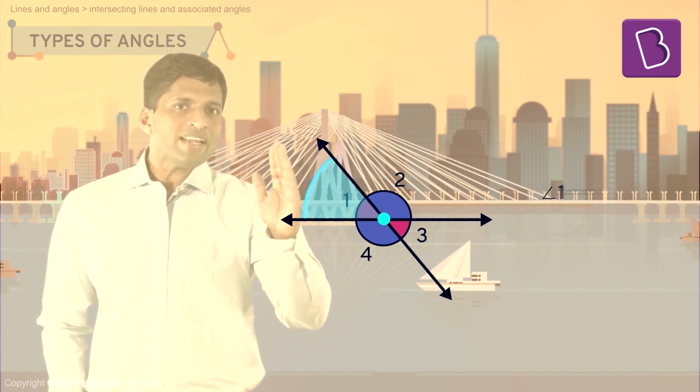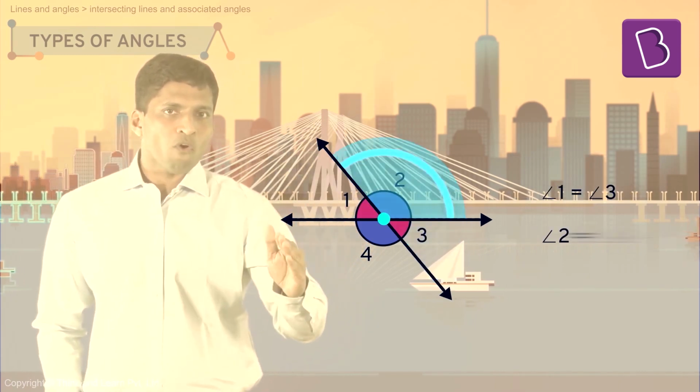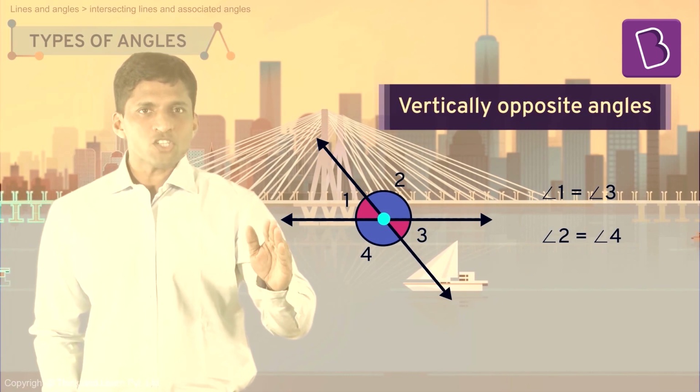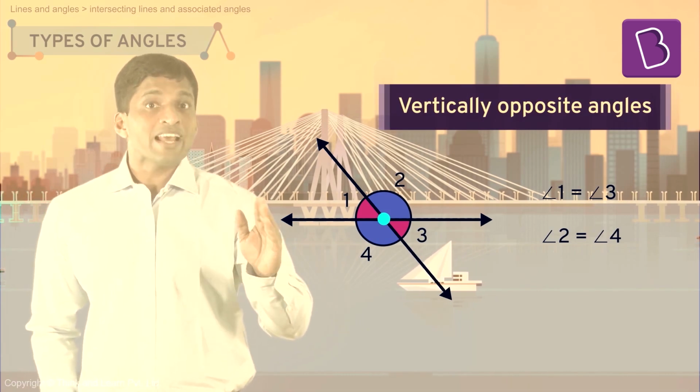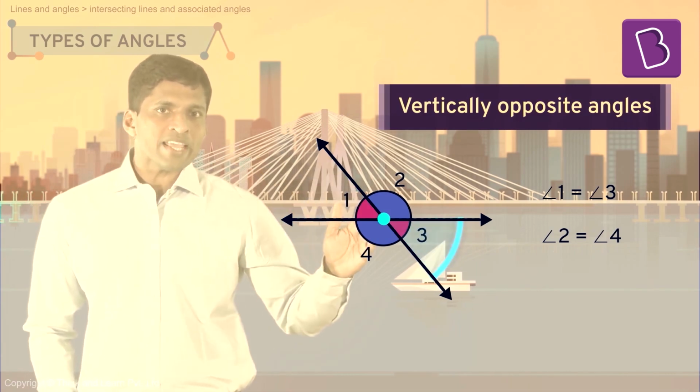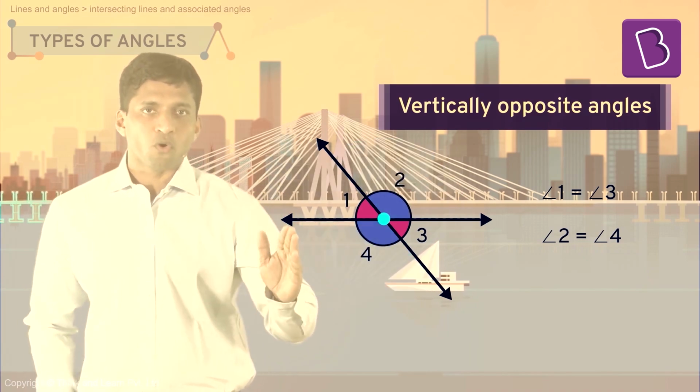Now 1 and 3, and 2 and 4 are vertically opposite angles, and they are equal. That is, angle 1 equal to angle 3, angle 2 equal to angle 4. It's only this much. This is enough to solve questions based on two lines intersecting.